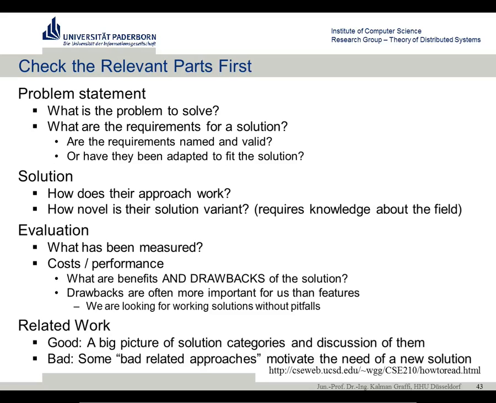Better would be to give some big picture of solution categories. So to say there is the solution category for net traversal, which applies this idea in general, and there are solutions A, B, C. And this could be more like a tree structure, so that you describe the categories and ideas more than individual solutions.